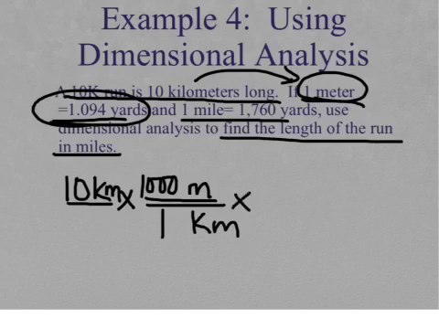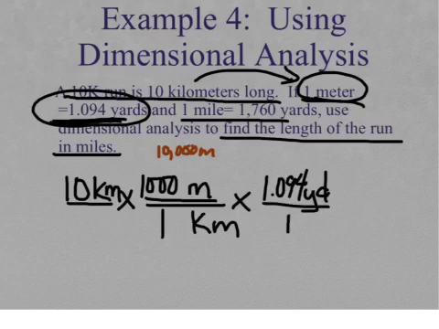The next thing I'm going to do, because now I'm at meters, and let me write this in another color. So now I'm just going to put it up here, 10,000 meters. Now I want to change these meters into yards, and I have a wonderful relationship here. It says 1 meter is equal to 1.094 yards up here. So I want yards, so yards will go at the top, and I'm going to put 1.094, and at the bottom I'll put 1 meter.